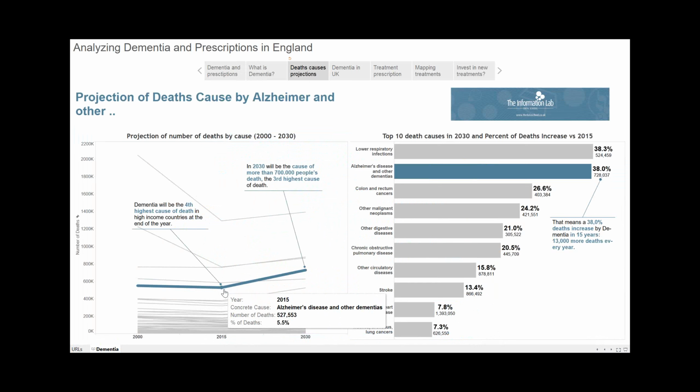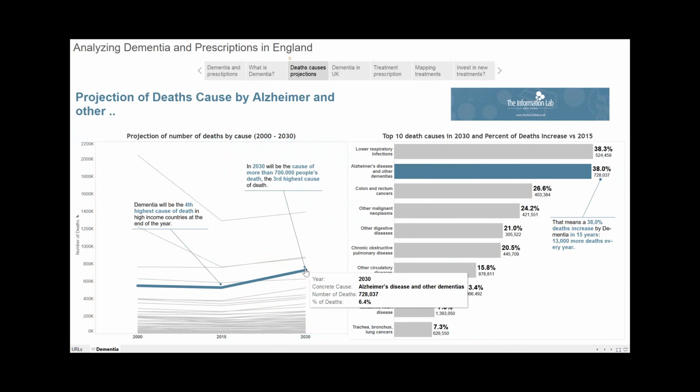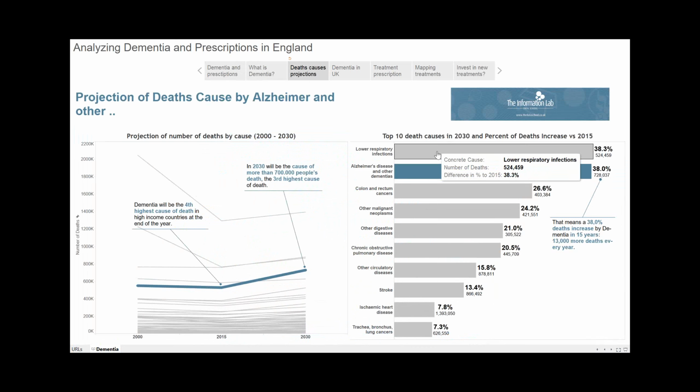And the projections of this organization say that it's going to increase to more than 700,000 deaths in 2030, and will be the third highest cause of death. And as you can see in the right graphic, it's going to be also the second with the biggest increase after the lower respiratory infections, and will increase 38% in deaths in these countries in the next 15 years.